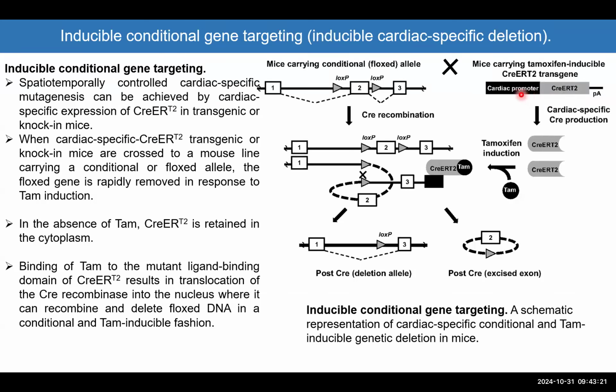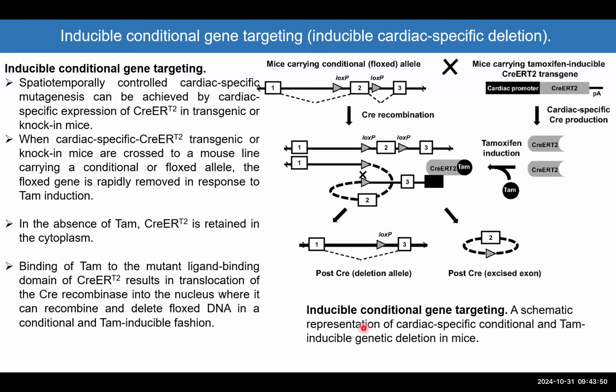And then the activity of the CRE-ERT2 depends on whether you add tamoxifen or not. Otherwise, the CRE is not active. In the absence of tamoxifen, CRE-ERT2 is retained in the cytoplasm. Only after binding by tamoxifen will the CRE-ERT2 go and bind to the LOXP sites. In this condition, it's exon number 2 for whatever gene. And then it will delete that gene.